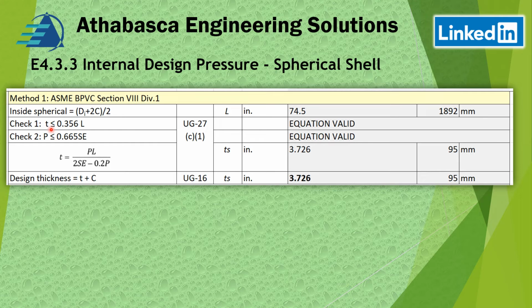The first check we talked about earlier is using that ratio of 0.356 times L. I wrote the logic in my spreadsheet and it said it was valid. Then I went to the next one and did that second test, and it said it was valid as well. This has to do with biaxial or triaxial stresses, and thick and thin type shells. So this says that we can still use this.